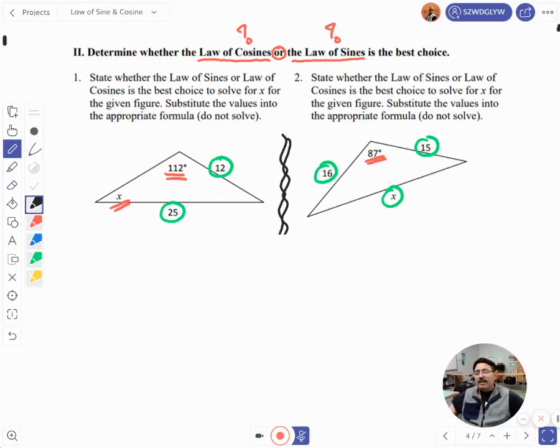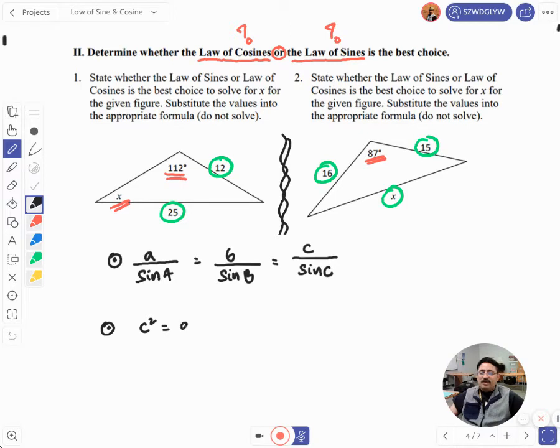The first rule is the sine rule: a over sine A equals b over sine B equals c over sine C. And the second rule is, as I already copied earlier, c squared equals a squared plus b squared minus 2ab times cos C. In fact, you know both these rules.